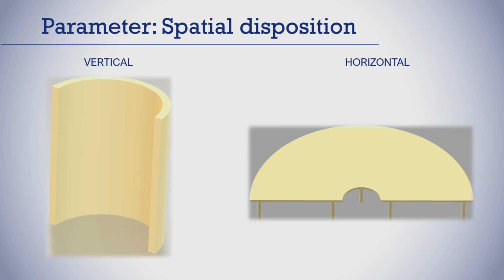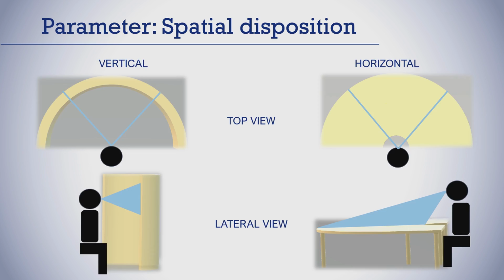The spatial dispositions were two: the vertical one, which was a sort of cylindrical, and the horizontal one. So, if we consider the top view, the elements in the vertical case were on the internal side of the wall and were at the same distance from the user, while in the horizontal case they were on the table in the area between the two lines, and so had a radial disposition.